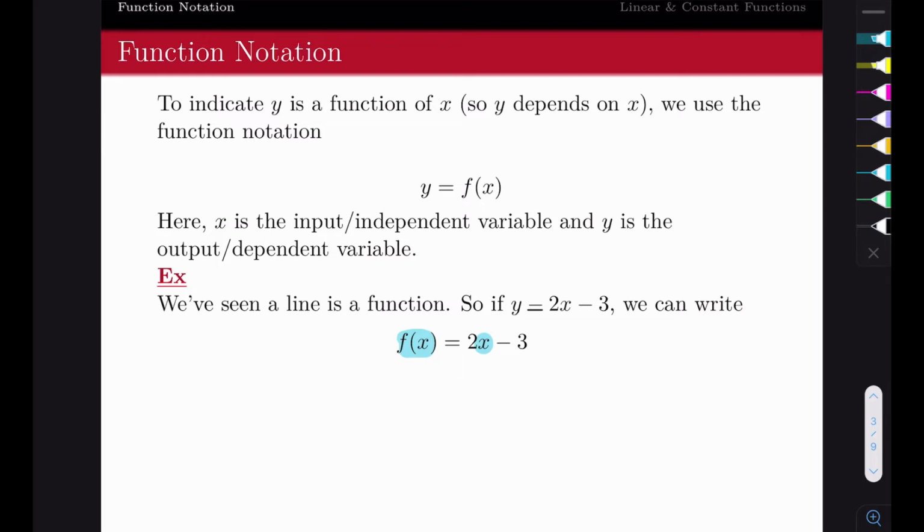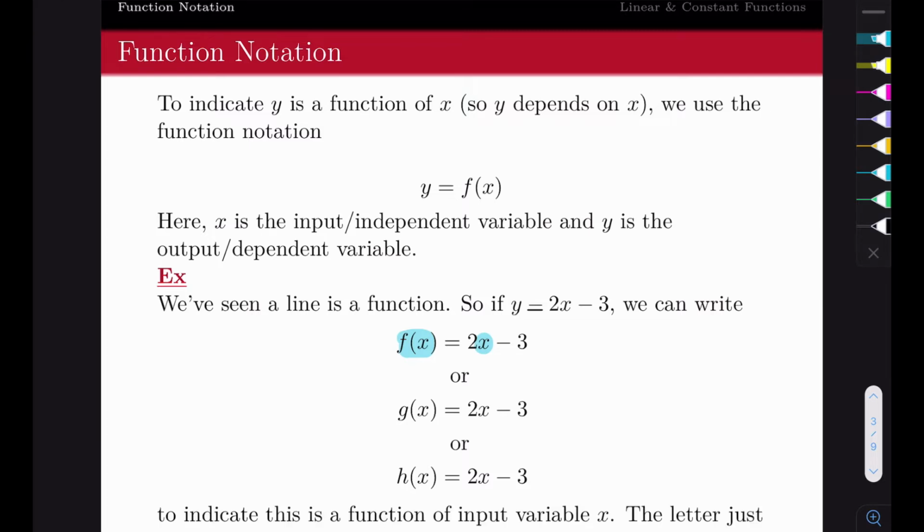But you don't need to call this f. You can call it g of x equals 2x minus 3, or h of x equals 2x minus 3. All of these indicate this is a function of x. The letter that you attach up front really is just naming the function.